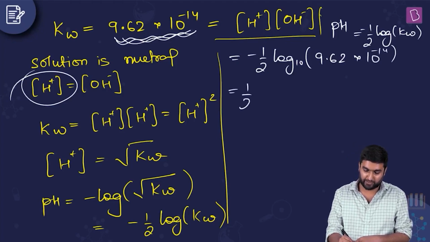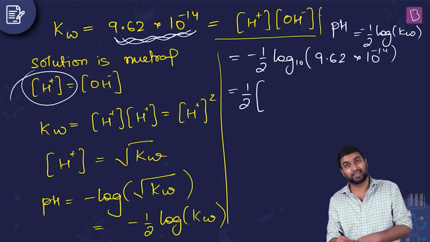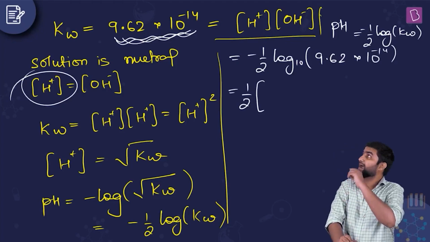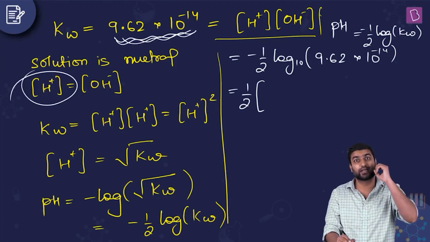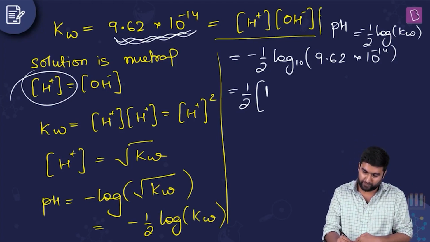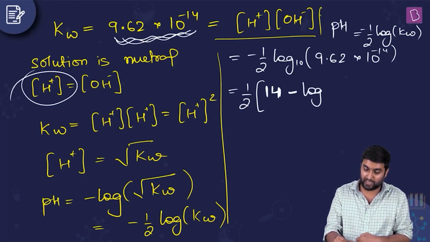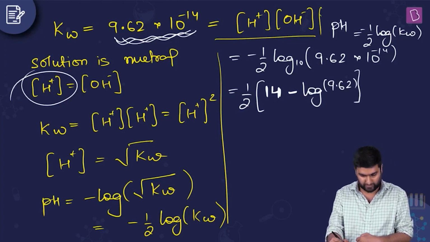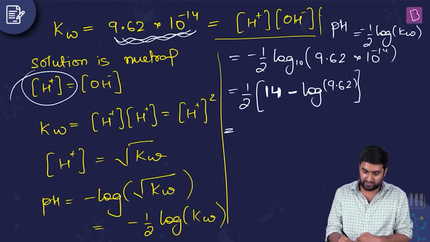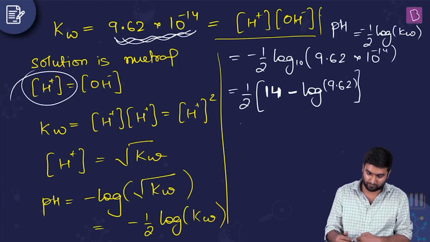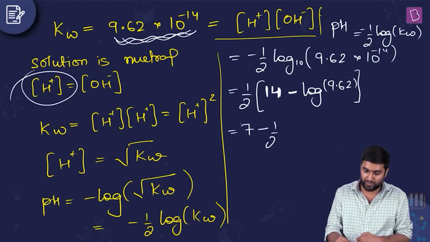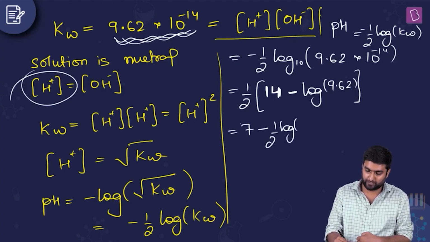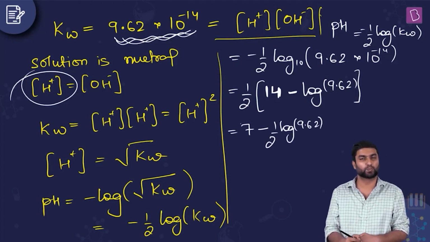So I have 1 by 2. The minus has now gone inside. So I have plus 14, and I have minus logarithm of 9.62. So I have 7 minus 1 by 2 logarithm of 9.62.